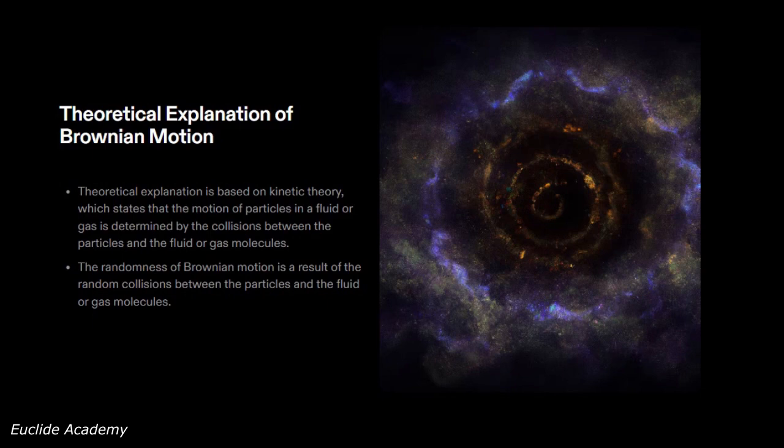So that explains the theory behind Brownian motion, which explains that the movement of the particles that we can put in a fluid or a gas would be dependent upon the collisions of those particles with the molecules of that particular fluid or that particular gas.